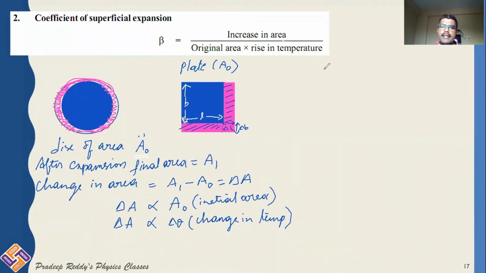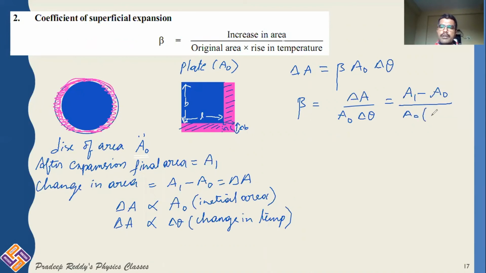Therefore, I can write delta A is equal to some constant beta A0 into delta theta, where beta is equal to delta A divided by A0 into delta theta, which is A1 minus A0 divided by A0 into delta theta, where delta theta is the change in temperature.